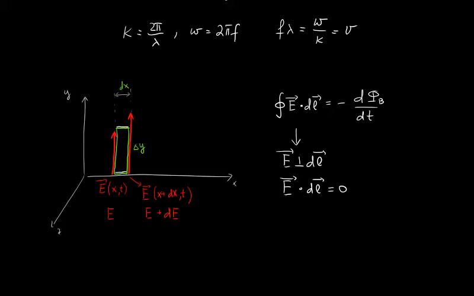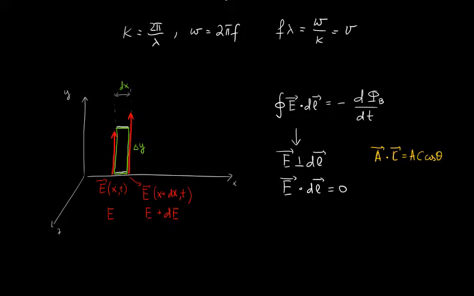Just a reminder, let's recall that if you have two vectors, vector A dot vector C, that equals AC cosine theta, and we know that cosine of 90 degrees equals 0. So therefore, because the electric field and dl are perpendicular, E dot dl equals 0.